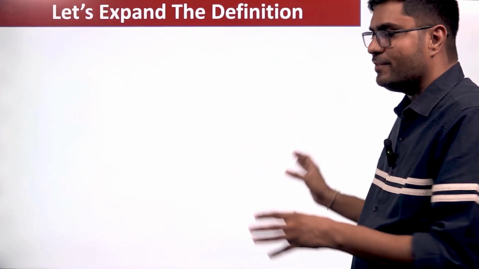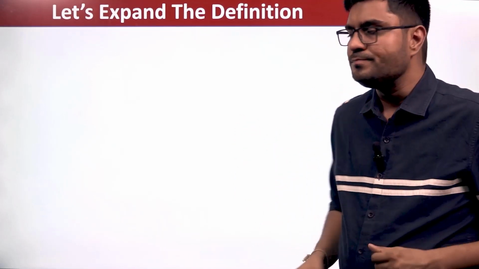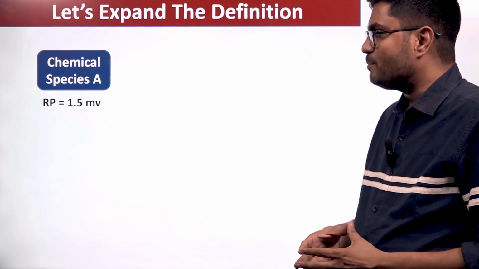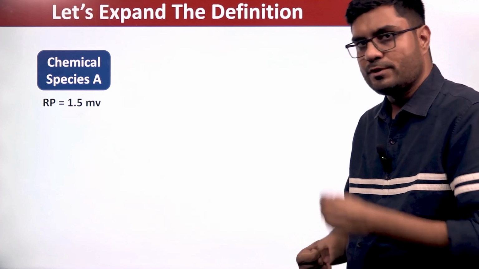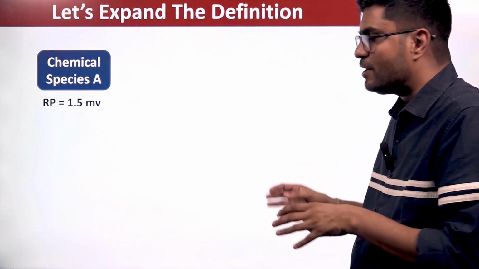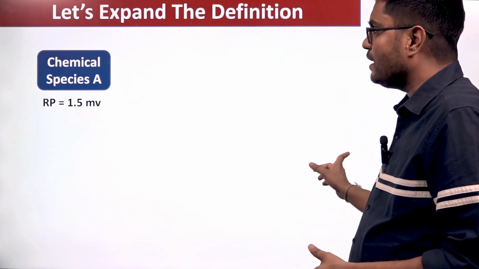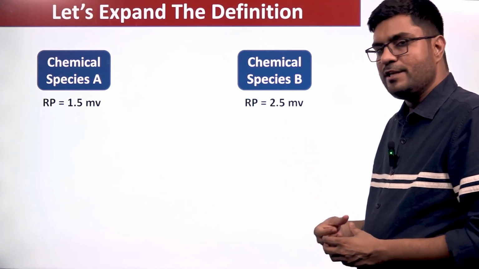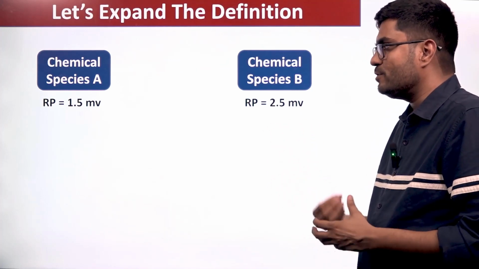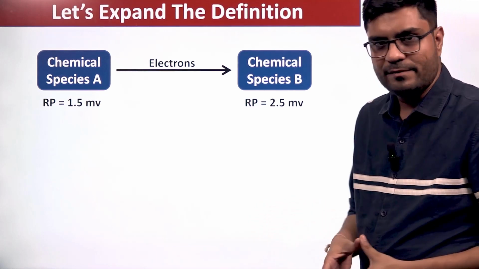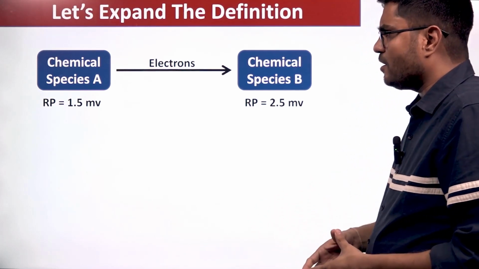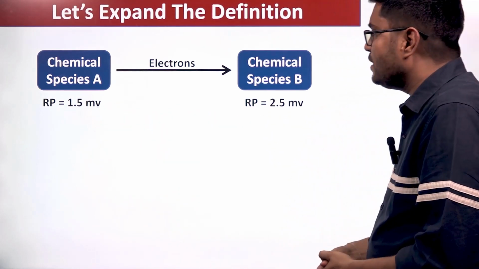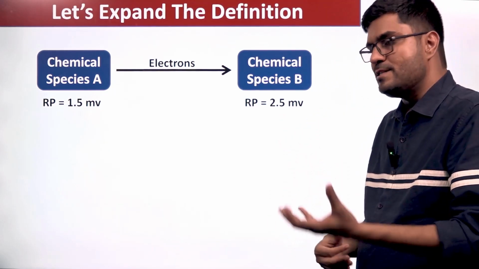Now we can expand this definition by bringing some numbers. Let's imagine we have a chemical species A with a reduction potential equal to 1.5 millivolts. In the same microenvironment, we have another chemical species, B, with a reduction potential equal to 2.5 millivolts. What will happen? It is very easy to explain, because species A has a lower tendency of accepting the electrons and species B has a higher tendency of accepting the electrons.